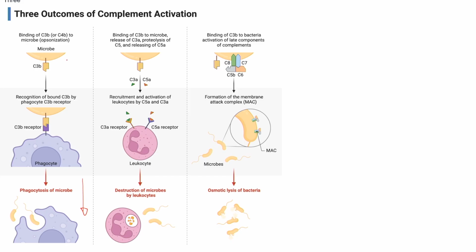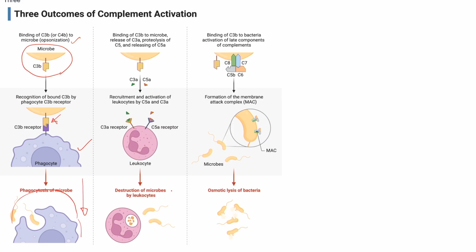Here the microbes are bound with the protein C3b, which is recognized by the C3b receptor present on the phagocyte, and once it is recognized, they are engulfed by the phagocytic cell. So the binding of complement facilitates the killing of the pathogen by phagocytosis, in a process called opsonization. So this is one phenomenon.